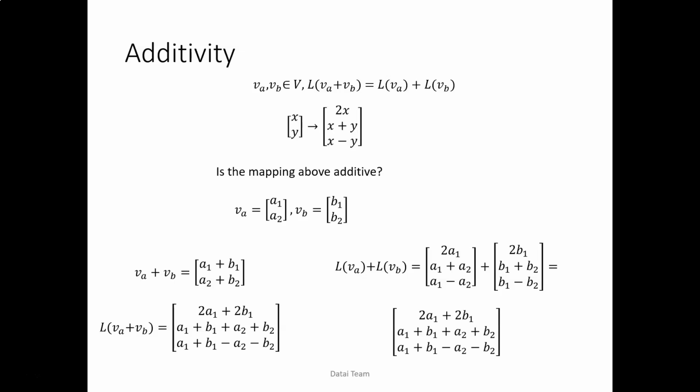And as you can see, when we add these vectors, we get the same result. We add 2A1 and 2B1. This gives us 2A1 plus 2B1. We get A1 plus B1 plus A2 plus B2 as the Y dimension, or the Y value. For Z, we get A1 plus B1 minus A2 minus B2. And this is also the same, so we can conclude that this mapping above is additive.